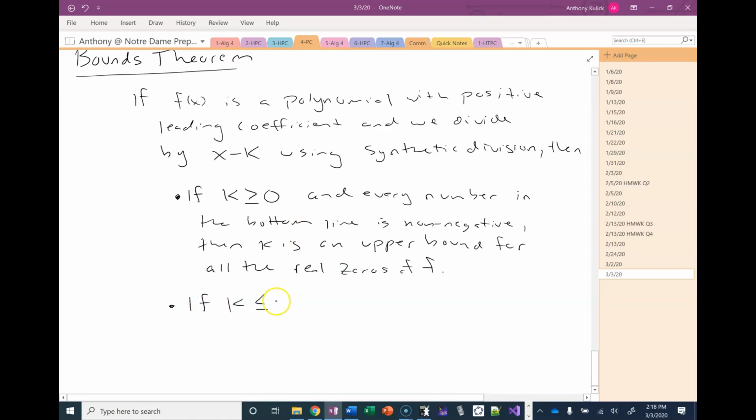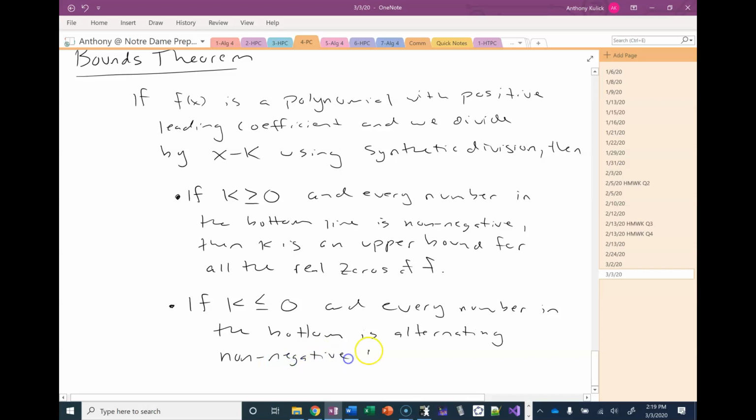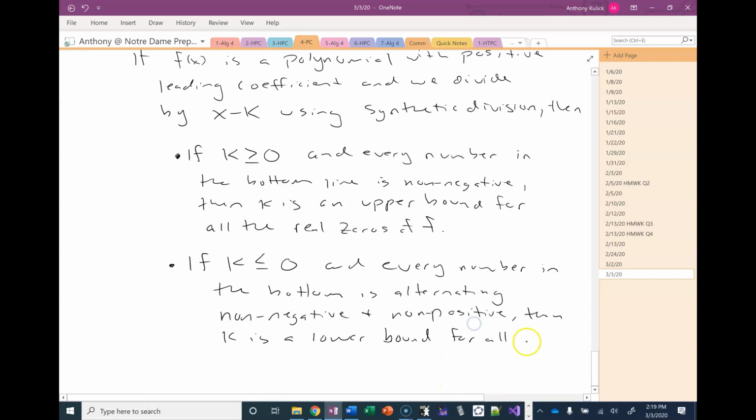So if k is less than or equal to 0, and every number in the bottom line is alternating, non-negative and non-positive, then k is a lower bound for all the real zeros of f.